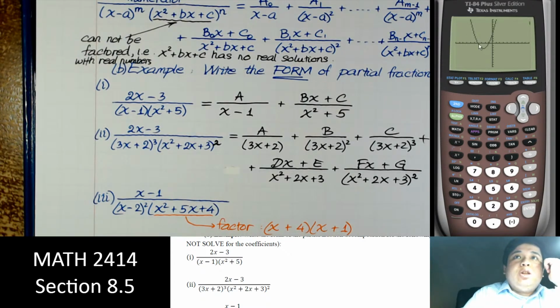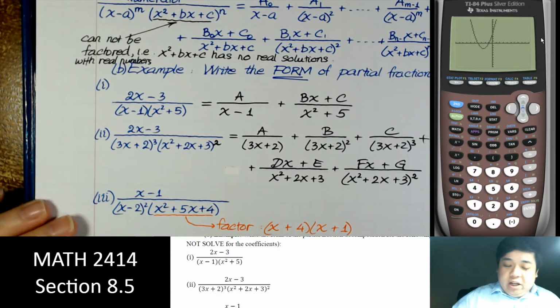You see there are two intercepts, so two real solutions. That's why it is factorable.